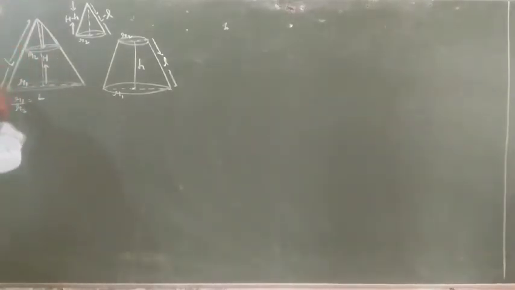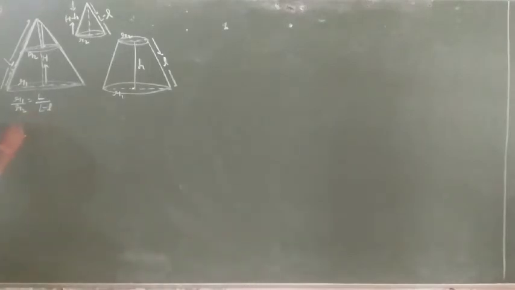The big cone slant height is capital L, and the frustum slant height is small l. According to this, the small cone slant height is capital L minus l. Right?